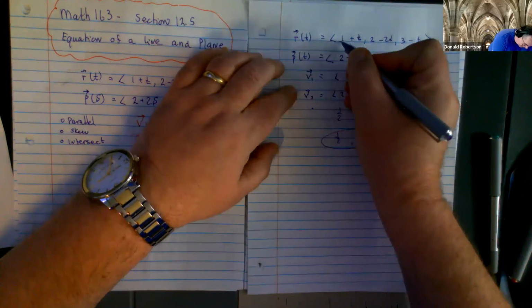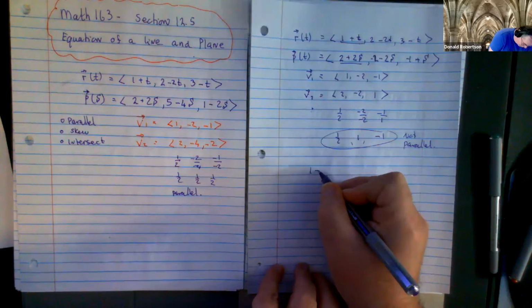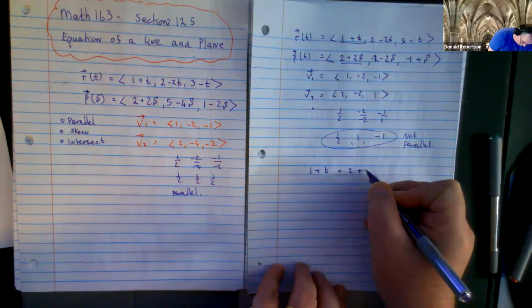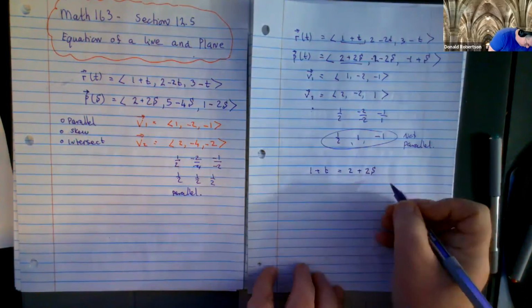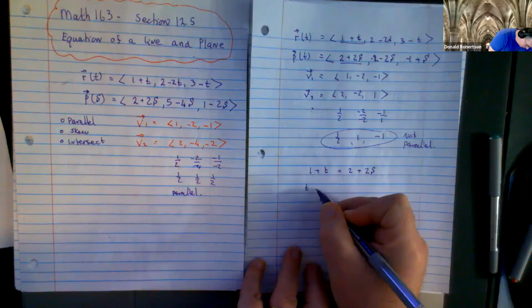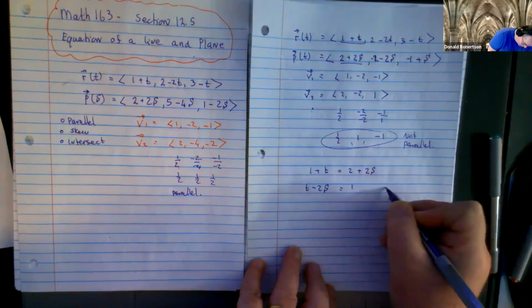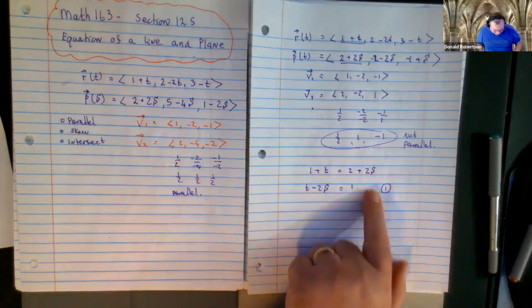So if you take the x, if they did intersect, then 1 plus t would have to equal 2 plus 2s. And if I subtract 2s from both sides and I subtract 1 from both sides, I get that equation. Let's check that out. Yeah, okay.